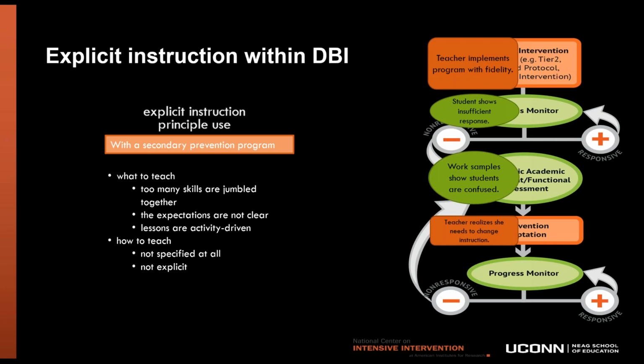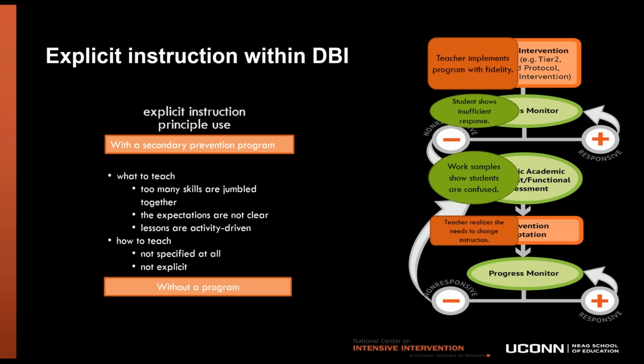It may have some great content, but the skills might be jumbled together. It might not be clear what the expectations are. The lessons might be focused on activities rather than clear objectives. And sometimes secondary prevention programs provide the good content without explaining at all how they want you to teach. In that case, explicit instruction principles should be embedded even within an already established program.